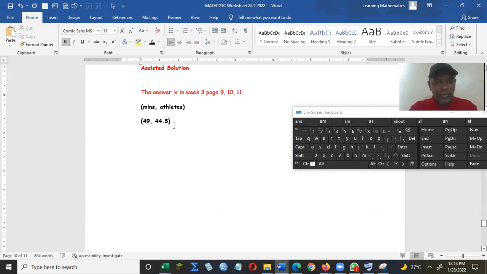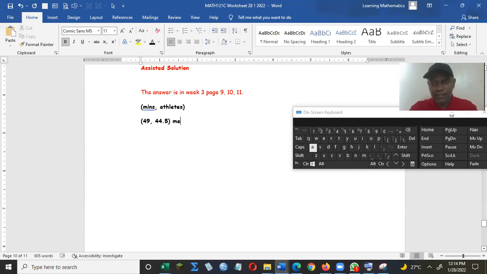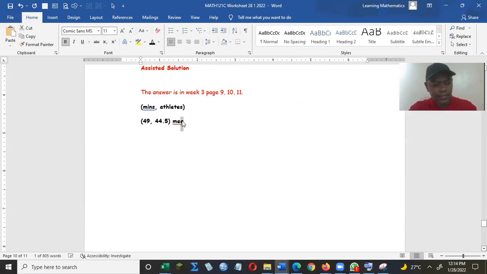So 49, 44.5 means that 44.5 athletes completed the race in less than 49 minutes, because bear in mind that 49 is minutes.